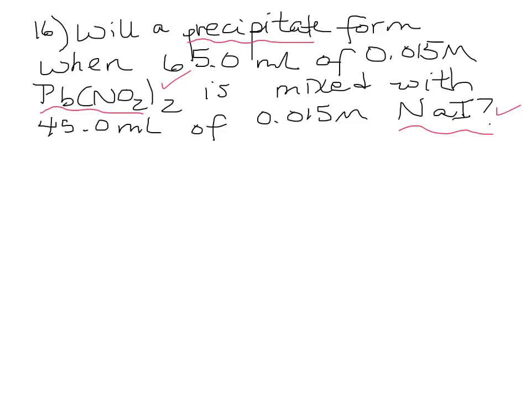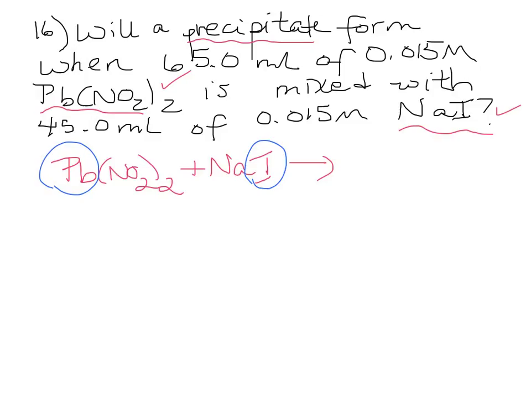So the first thing you need to do is write out a double replacement reaction and determine what is the insoluble ionic compound that this reaction is going to make. So in a double replacement reaction, which if you're fuzzy about, you need to refamiliarize yourself with it, the two outer ions are going to end up together and the two inner ions are going to end up together.